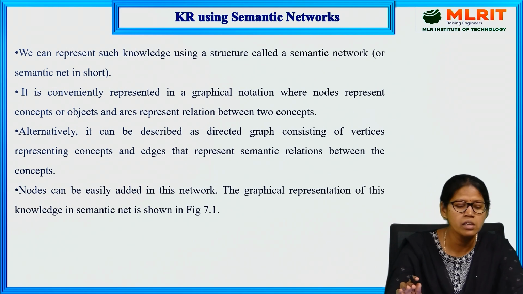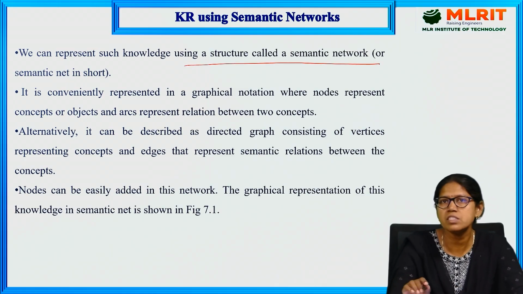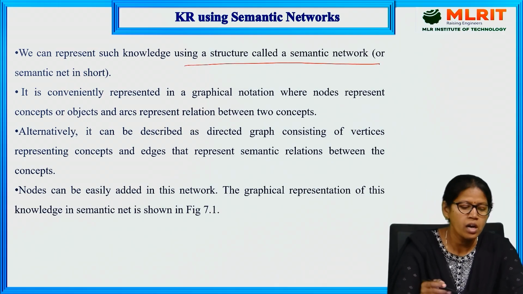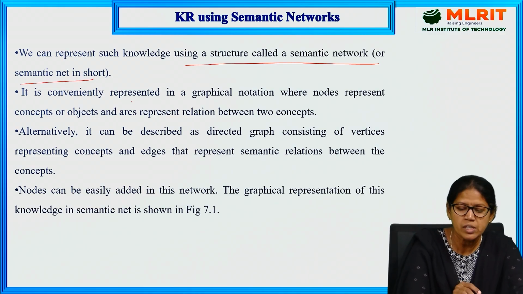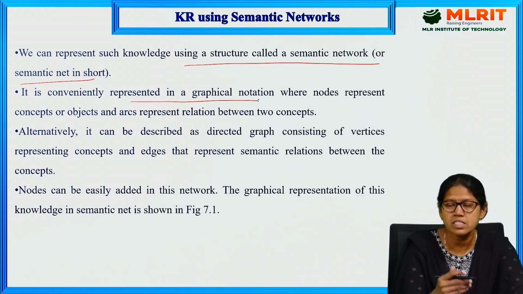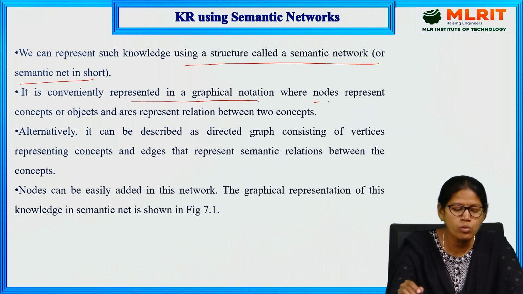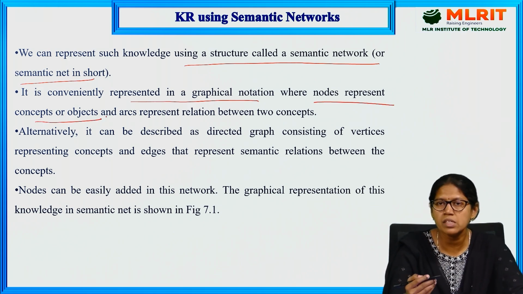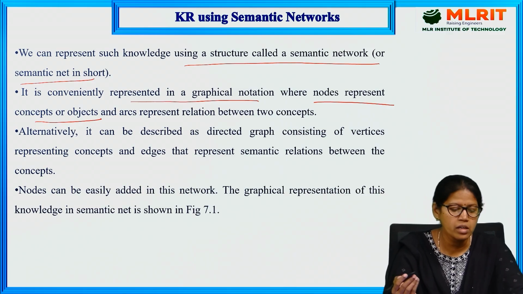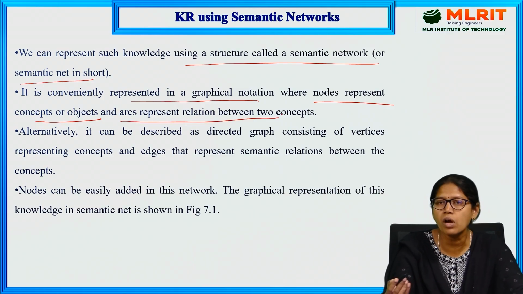We can represent this knowledge using a structure called a semantic network, or in short, a semantic net. It is conveniently represented in a graphical notation. As I said already, we will draw the semantic network, where nodes represent concepts or objects like living thing, birds, humans and animals, and arcs represent the relation between two concepts.